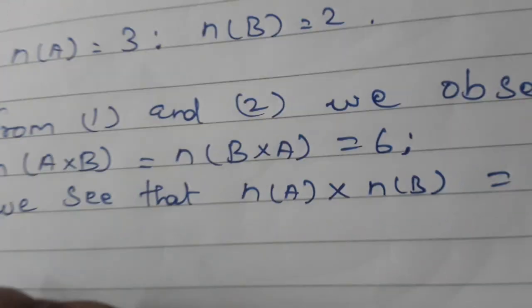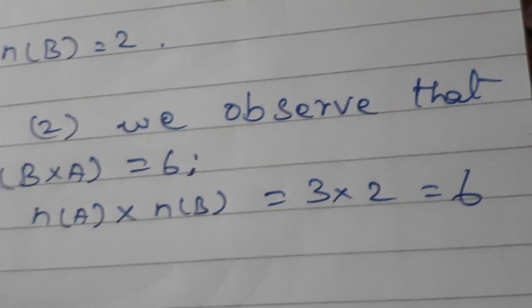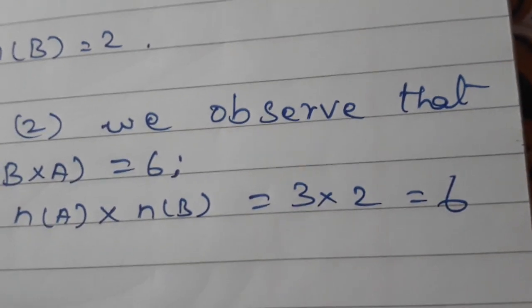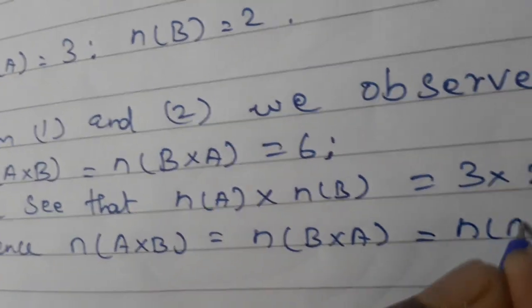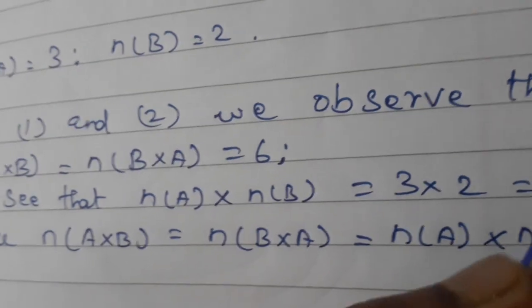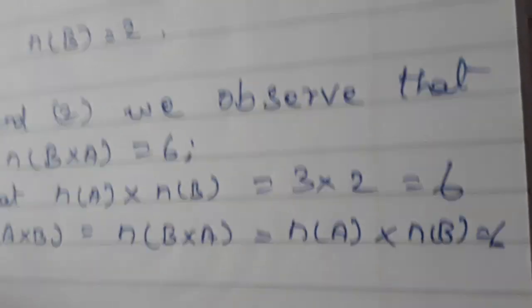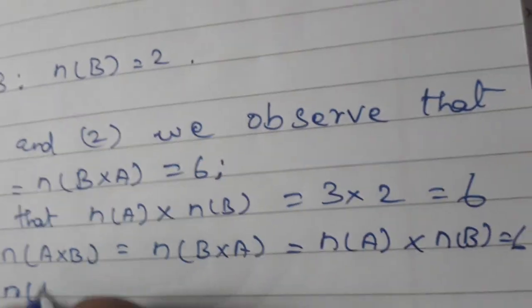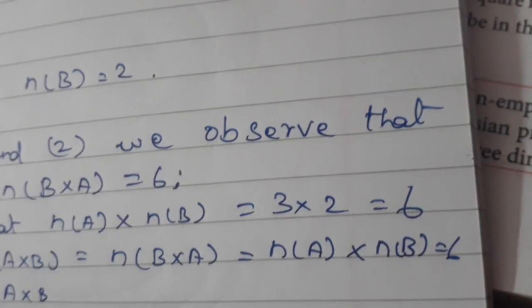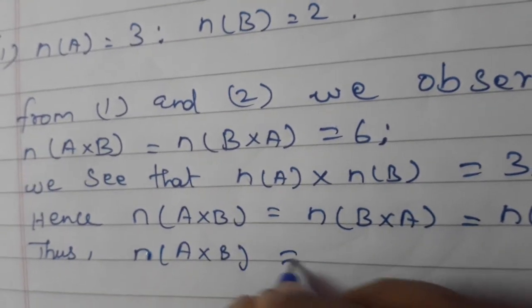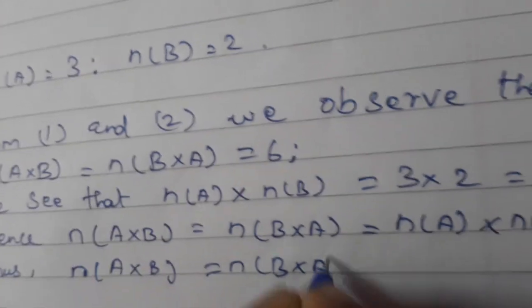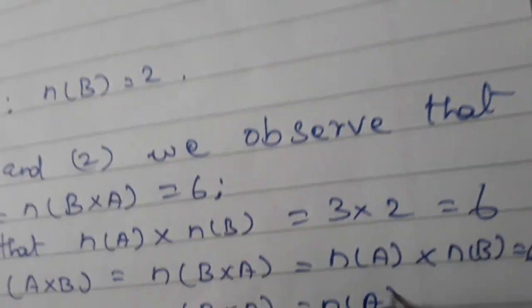We see that n(A) × n(B) = 3 × 2 = 6. So n(A × B) = n(B × A) = n(A) × n(B) = 6. Thus, n(A × B) = n(B × A) = n(A) × n(B).